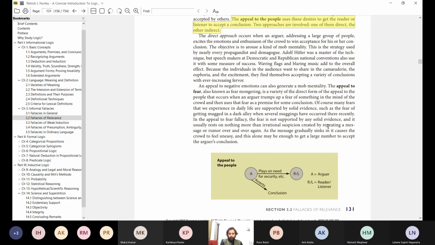And so the point here is in the direct approach, you're addressing a people here. There's a nice kind of format. You're the arguer, the person who's making this fallacy.